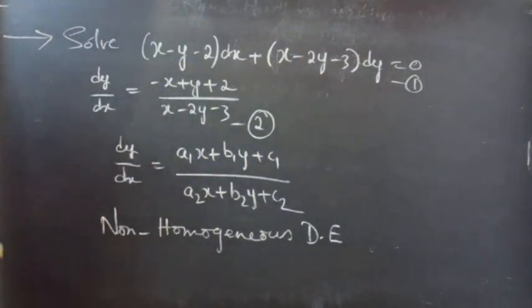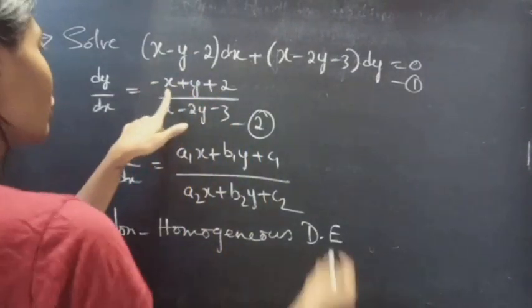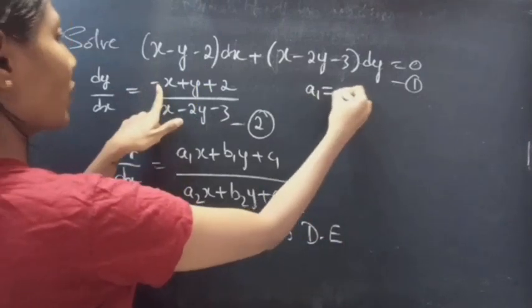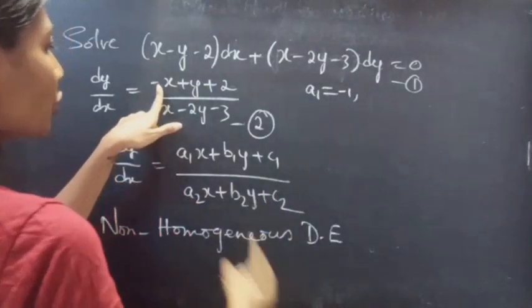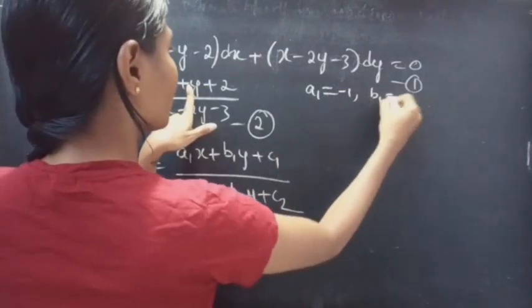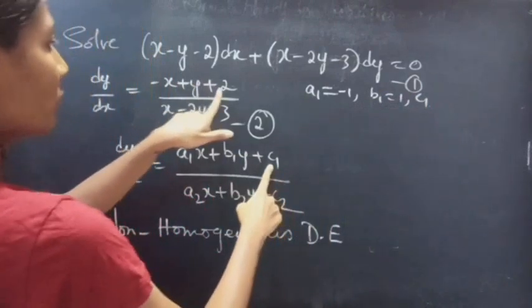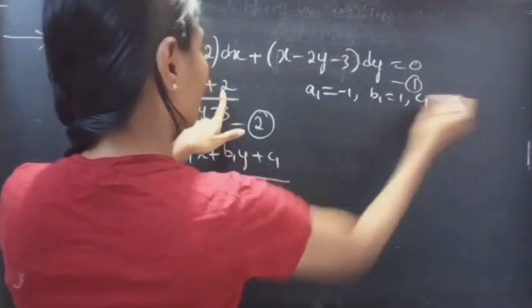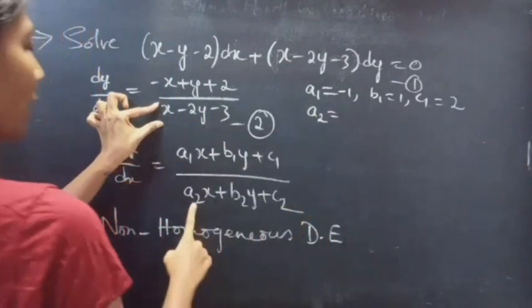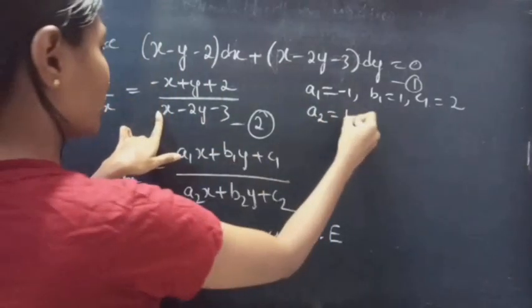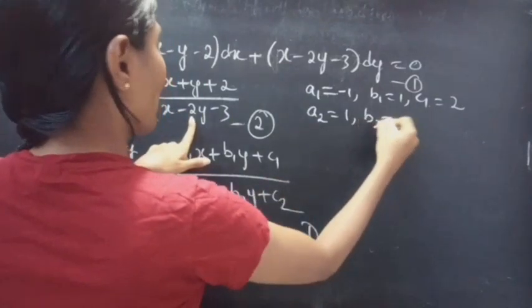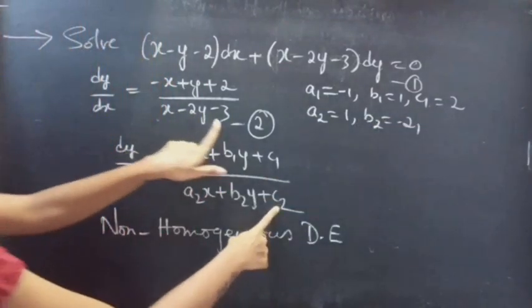Now coming to the numerator, coefficient of x is your a1, so a1 equals −1. And coefficient of y is your b1, b1 equals 1. And c1 is 2. Coming to the denominator, coefficient of x is your a2, that is 1. And coefficient of y is your b2, −2. And c2 is −3.